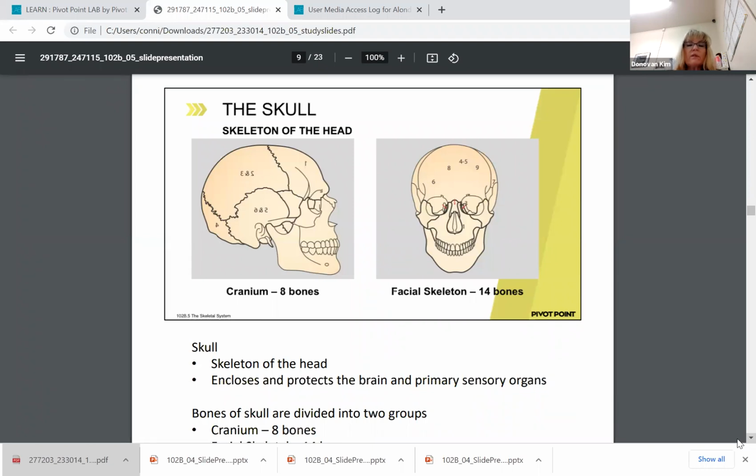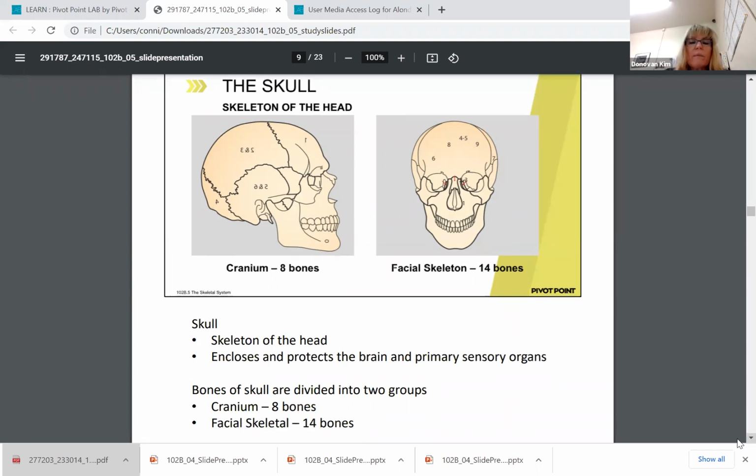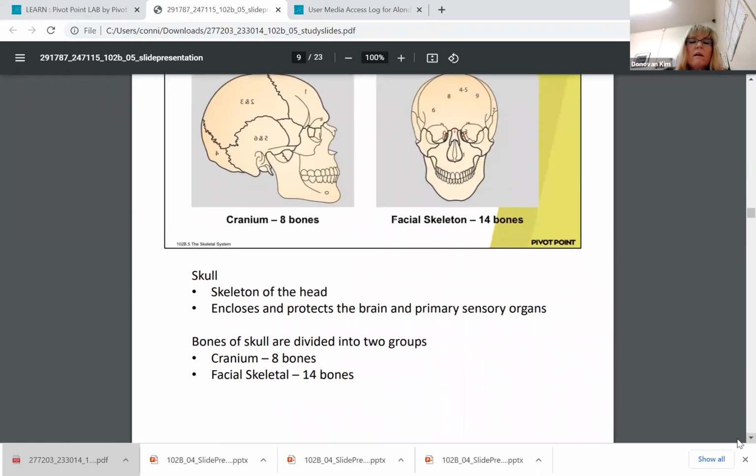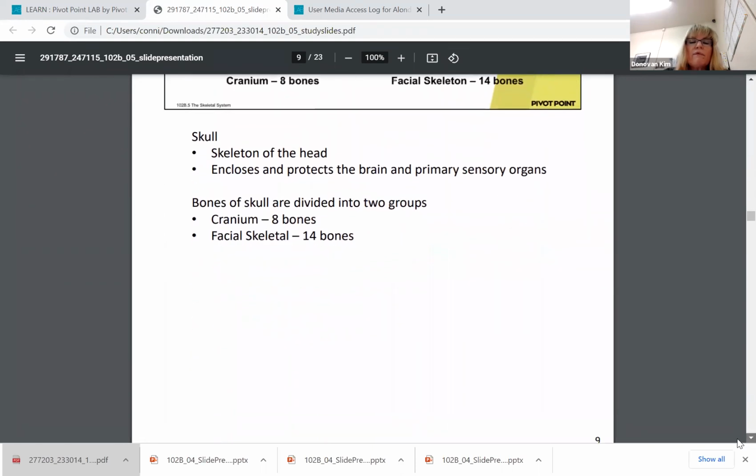But the important thing to remember on this is to memorize these 22 bones, not quite 22. What that's going to do is help you when it comes time for you to remember the muscles and the nerves and all of the other things that come with it. So we're going to start with your 8 cranium bones first.